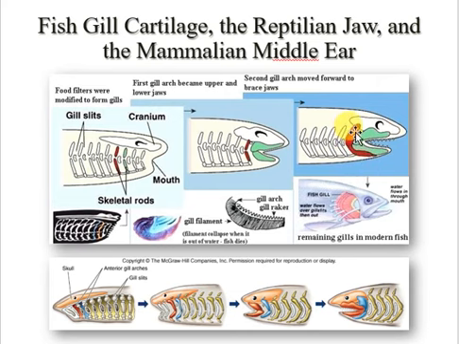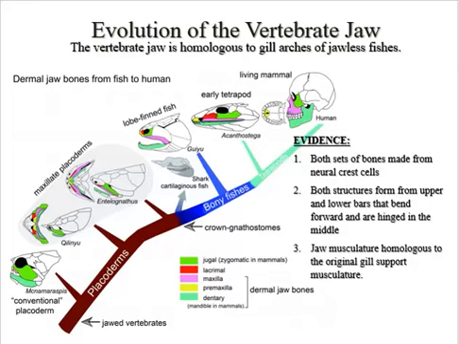In your bony fish, this hyoid arch later specialized into the hyomandibular bone, which served to brace the quadrate bone. Now, there's ample evidence for the notion that the vertebrate jaw is, in fact, homologous to the gill arches of jawless fishes.